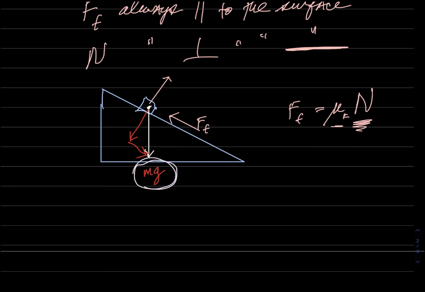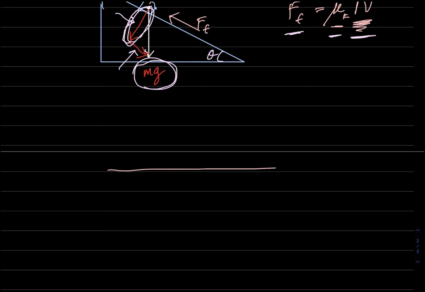So we divide the force of gravity into these two components, and the normal force on the mass matches the component of gravity that is perpendicular to the surface of the wedge. This is the normal force. And the maximum friction force will be the coefficient of friction times the normal force. Here's our angle theta. And we know there's some sines and cosines floating around. Do you remember my foolproof way of figuring out which is which? You start out by drawing the wedge with a very small angle. And here's the mass.